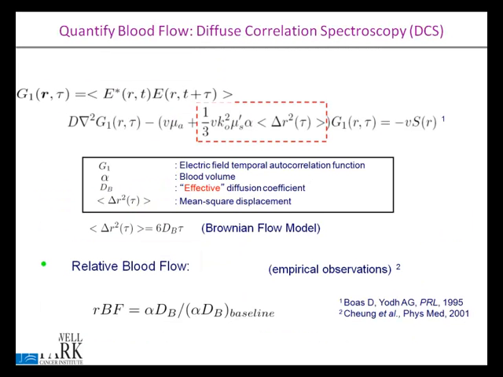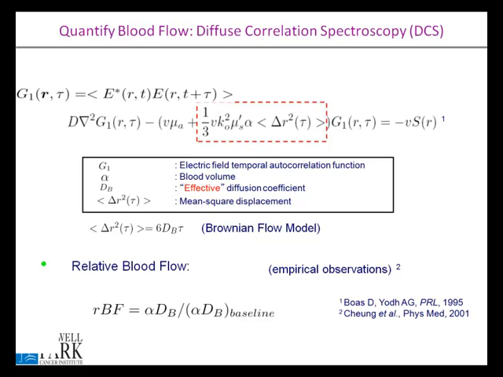Quantification is a bit tricky, but the models were developed previously. Arjun's lab found that the autocorrelation function also satisfies the diffusion equation, so there is a static term and also a motion term. The main assumption is that the motion part follows a Brownian motion flow model.